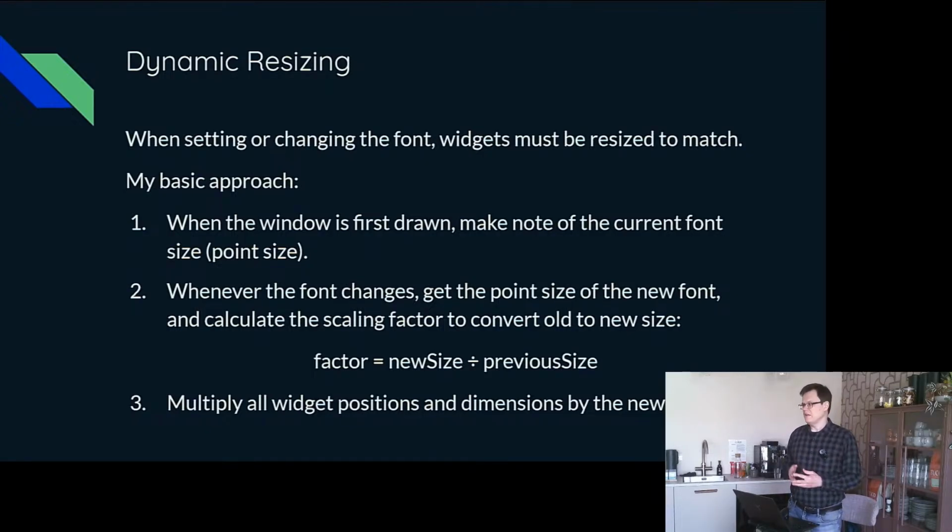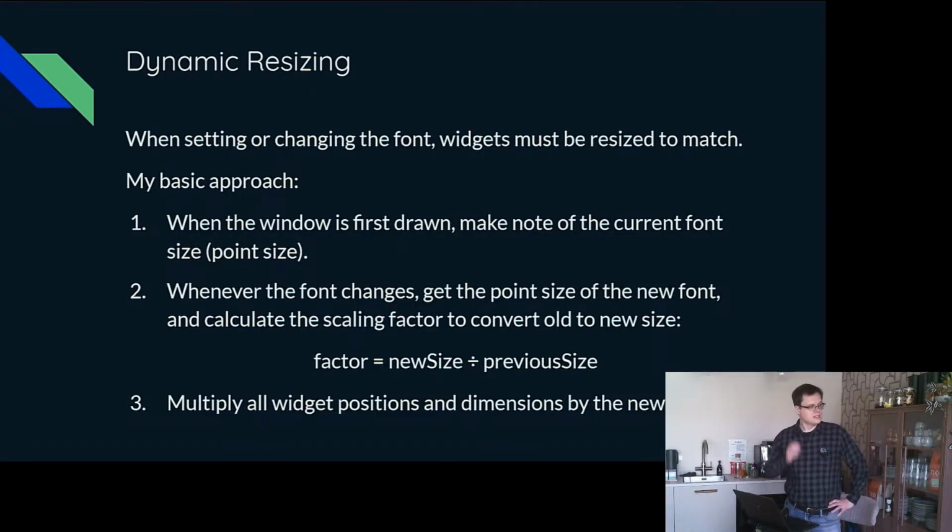There are a few ways that you can do this. This is a basic concept, and there are a number of ways that the logic could be refined. When the window is first drawn, you make a note of what the current font size is. Say it's 10 point.